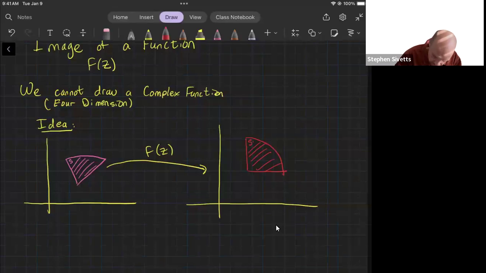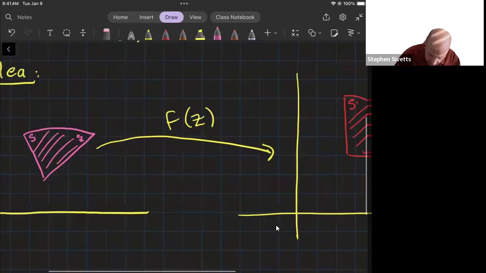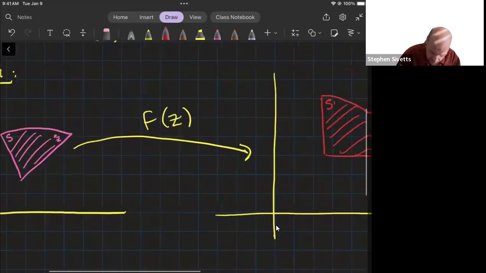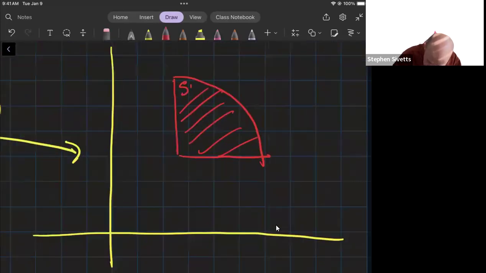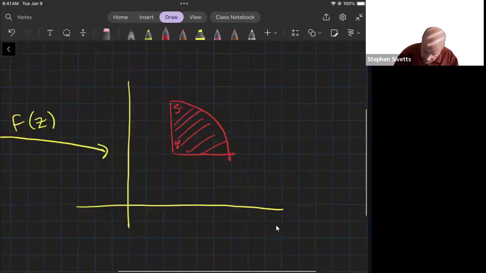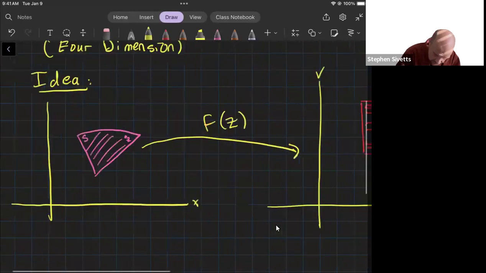For every point that's in S, we'll call this z, we want to look at what z will get mapped to inside this set. We'll call it w, with u and v, and then x and y.